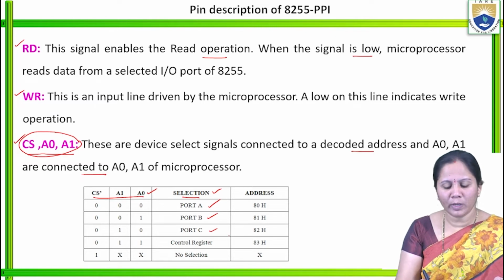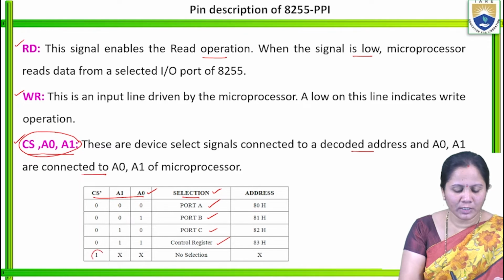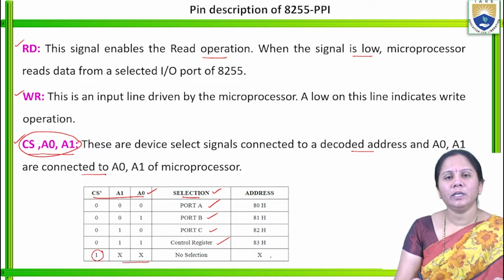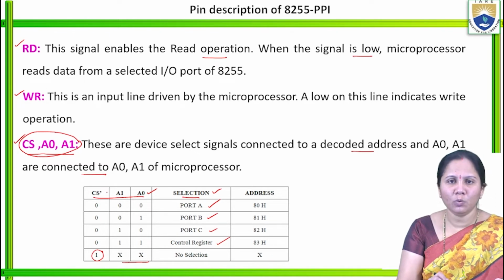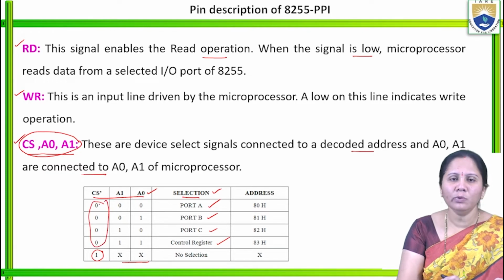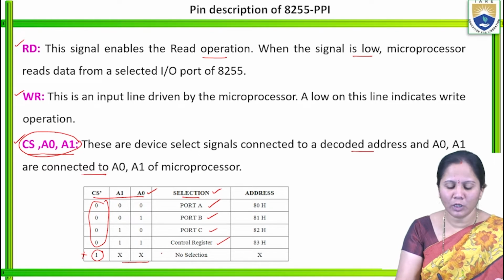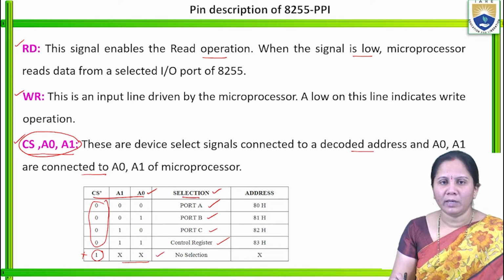If it is 011, the control register, that is nothing but CWR, will be selected. If the chip select is 1 with any combination, it is an invalid combination. Why? Because this CS bar signal is an active low signal. It will be operated when the input is active low. So if the CS bar signal is active high for any combination, the combination will be invalid.